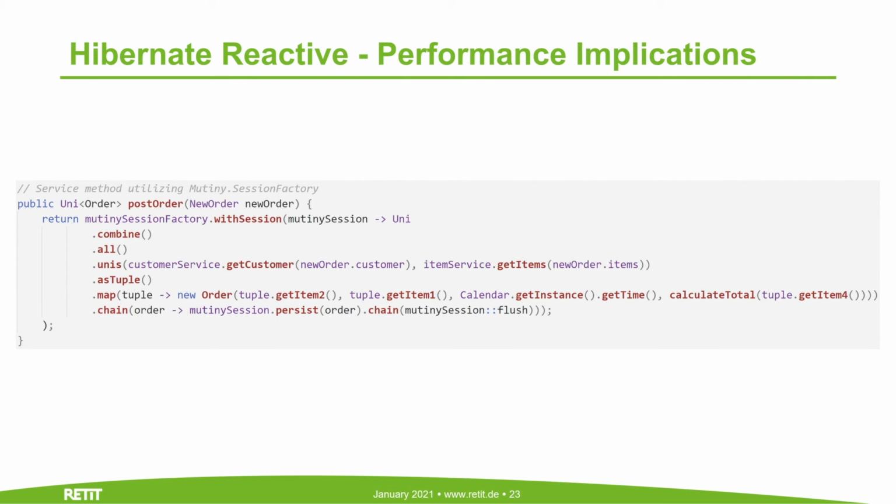So the negative impact of Hibernate Reactive in a current environment most likely is caused by how the library obtains reactive sessions. A session is obtained through the withSession method of a Mutiny session factory. The session is automatically associated with the current reactive stream if you call it first, and automatically closed after work has been done.